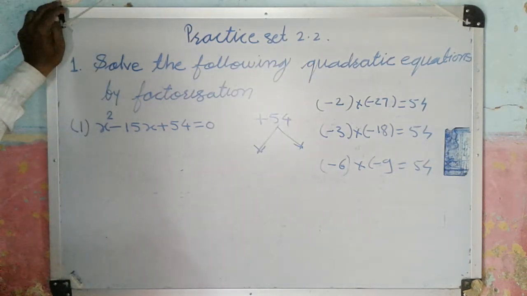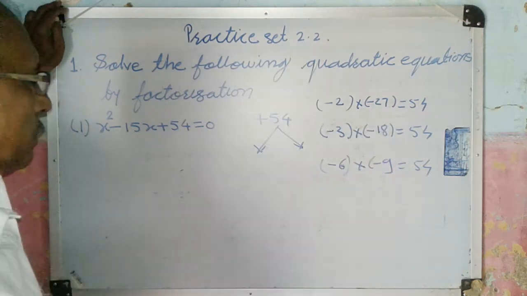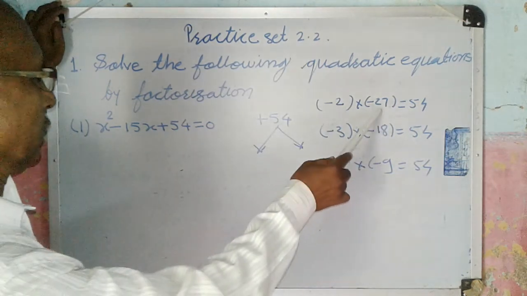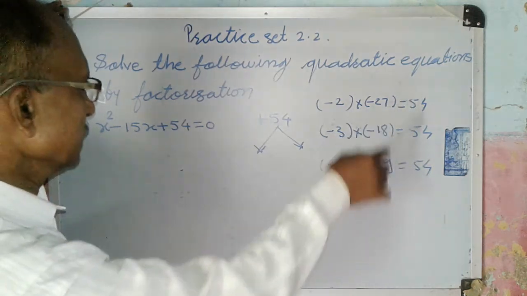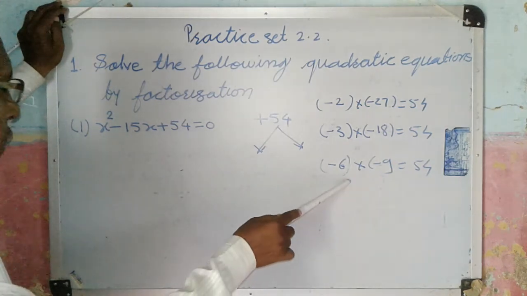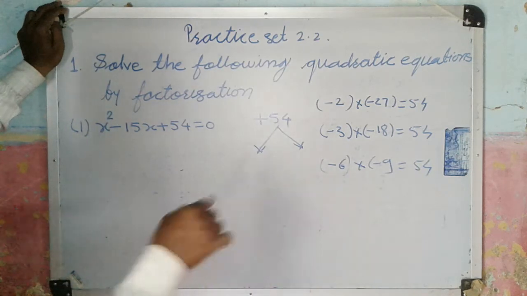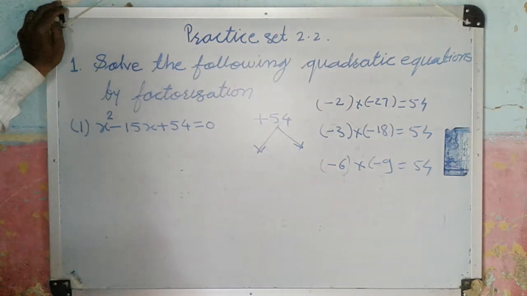Now, the product of the factors in each pair is the same here, but the sum is different. We will choose that pair whose sum is equal to the coefficient of the middle term.